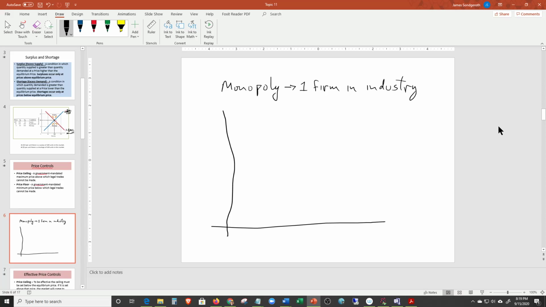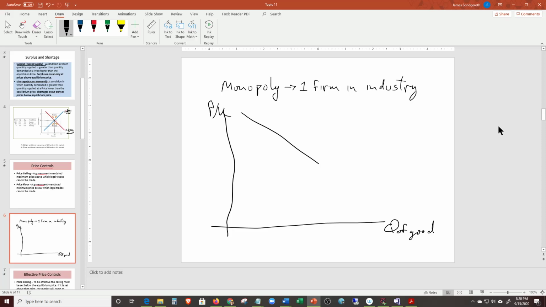Maybe it's the electrical power company, maybe it's a natural gas company, maybe it's a telephone company, maybe it's a cable company. All of these have been monopolies in the past. So we put the price per unit here and the quantity of the good that we're talking about here.